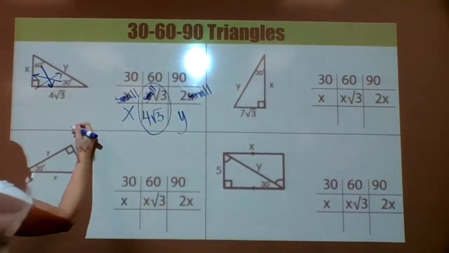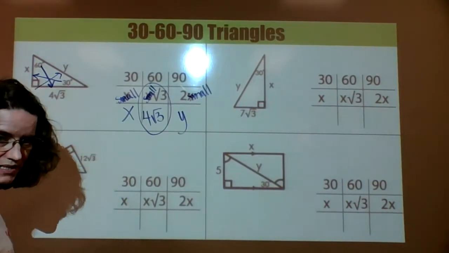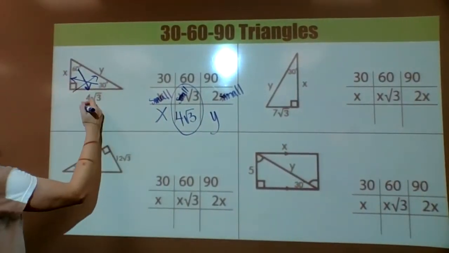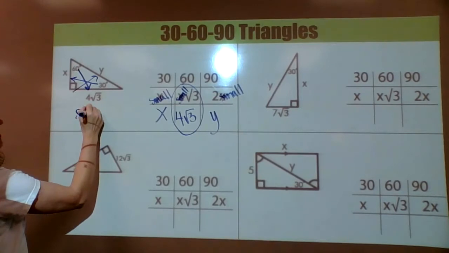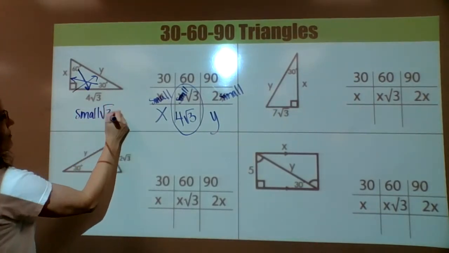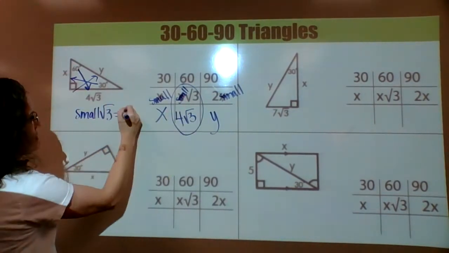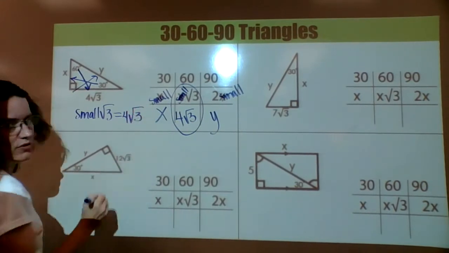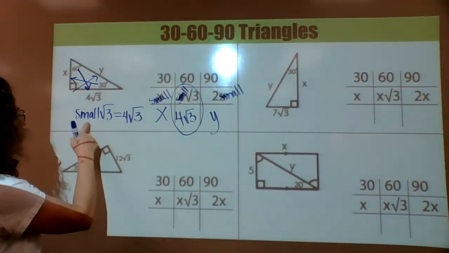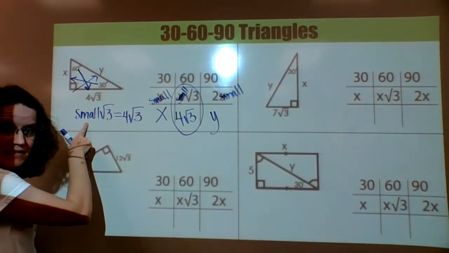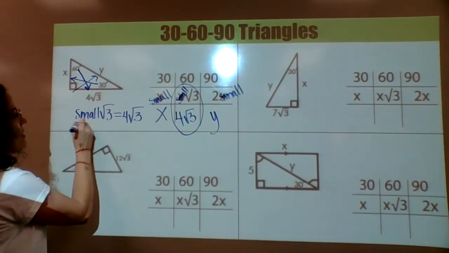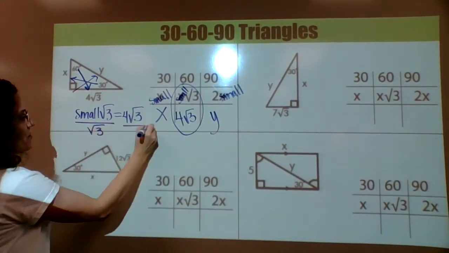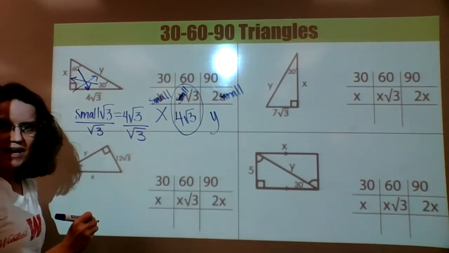And it tells me, and I know I'm off frame, but you can keep listening to my words, that the small side times the square root of 3 equals 4 times the square root of 3. And so I just need to get this small guy by himself. To do that, I'm going to divide off the square root of 3 on both sides.